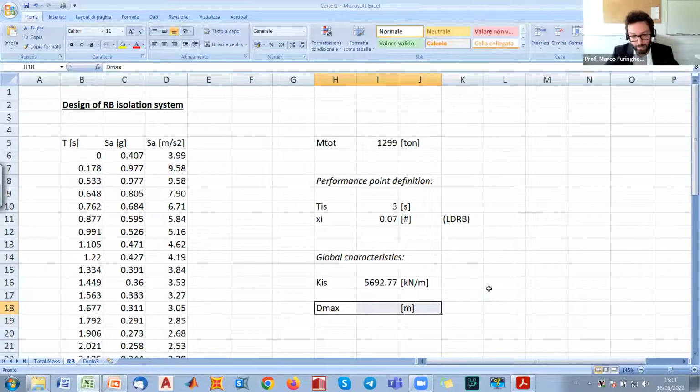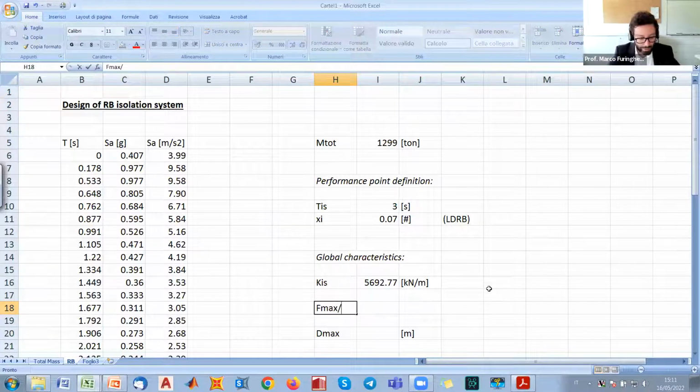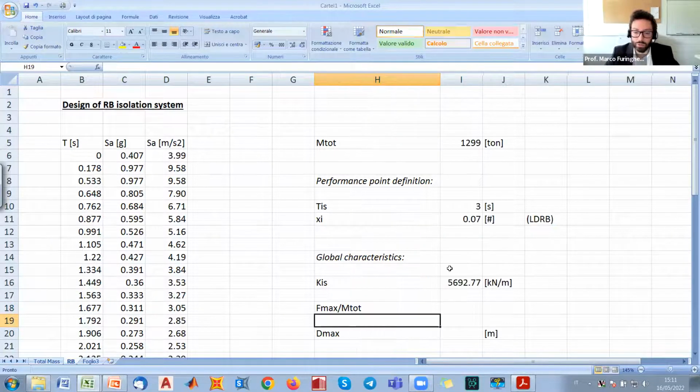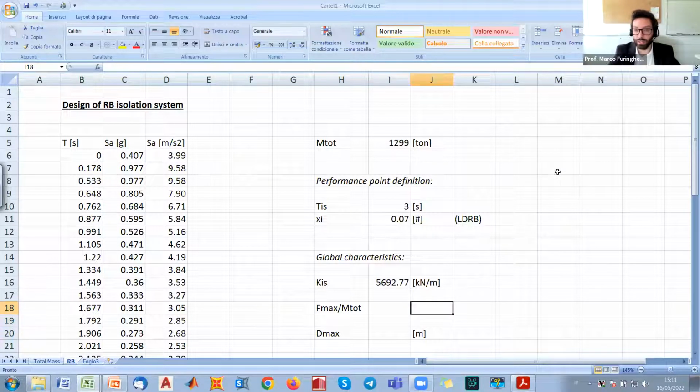And then maybe before the maximum displacement, we can compute directly the maximum force, normalized force with respect to the total mass, which is actually F max divided by M total, which is actually the spectral coordinate with respect to the acceleration spectrum. These should be meters over square seconds.